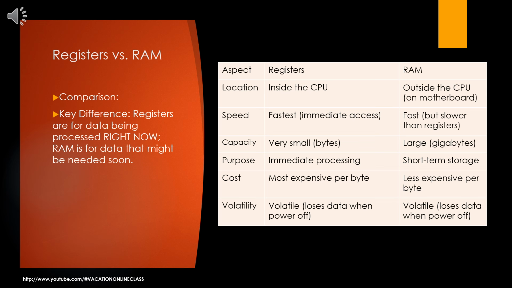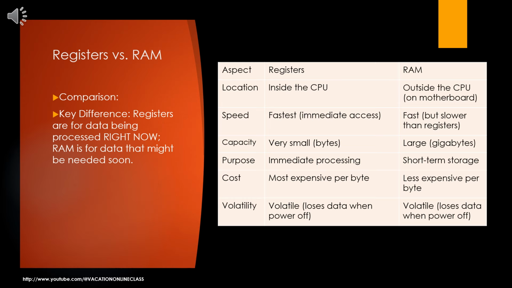As a general rule, registers are for data being processed right now, whereas RAM is for data that might be needed soon. When we look at the location, registers are right inside the CPU, while RAM sits further away on the motherboard.